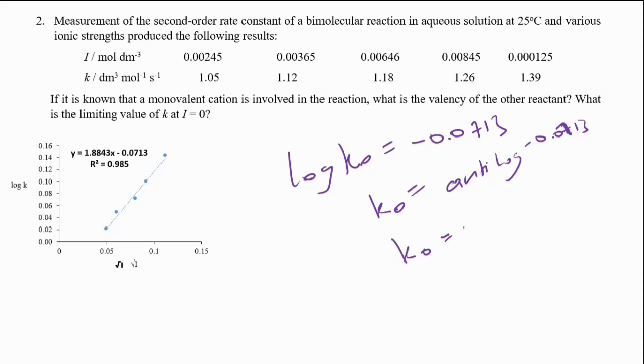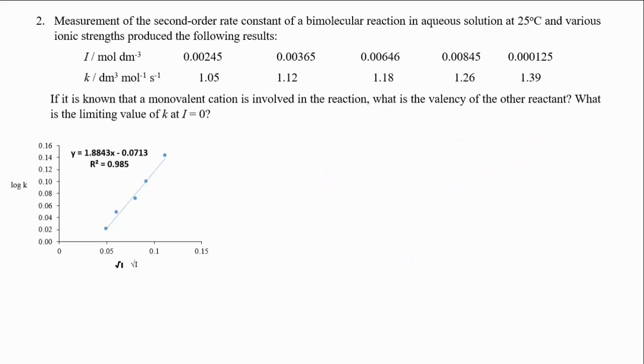I have a value of 0.849. That's a limiting value. Great. So let's recheck those numbers and everything, and you should be good. All right, guys, that is that for us.